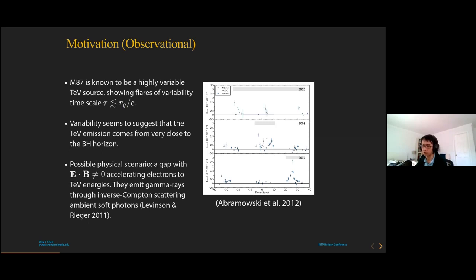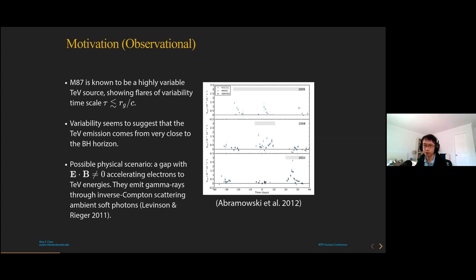So they observed M87 for many years, like these in 2005. This is the first time they showed this. There's a Nature paper showing these flares. In 2008, there are quiet periods. There are also some flaring periods. In 2010, there's a huge flare that we call it.